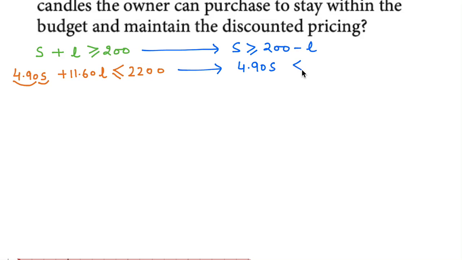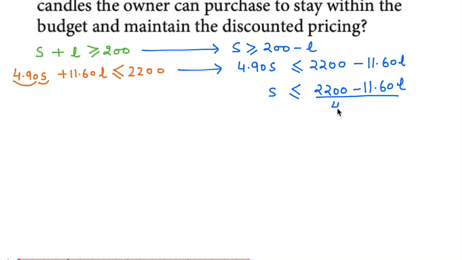From the second inequality, 4.9S is less than or equal to 2,200 minus 11.60 times L, because we are subtracting it from both sides. Now dividing by 4.90 on both sides, S is less than or equal to (2200 minus 11.60 L) divided by 4.90. So this is inequality number 1 we are manipulating, and this is inequality number 2 we are manipulating.